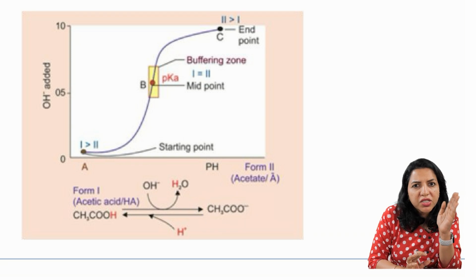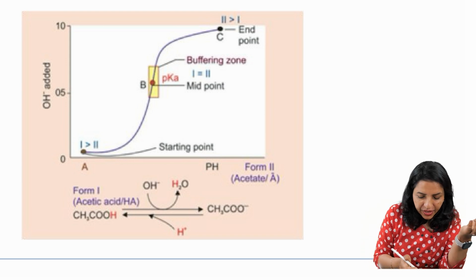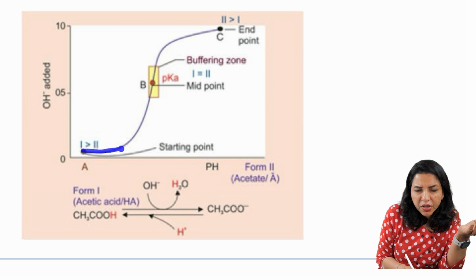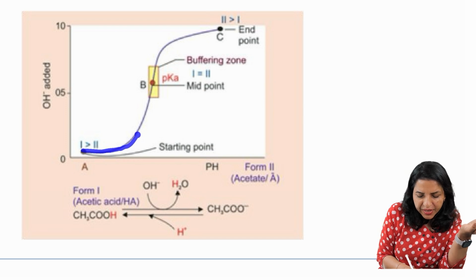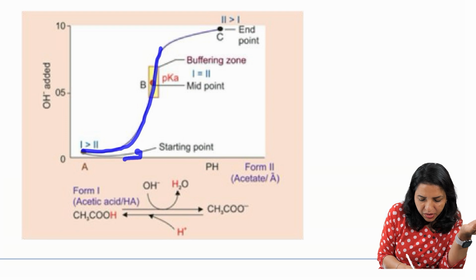Now you see the changes in the pH when we start to add the alkali. So initially when we start to add the alkali, what we can see is the pH is varying a lot. But later what we can see is that the pH is almost remaining a constant like this. So the change in the pH is only this much.